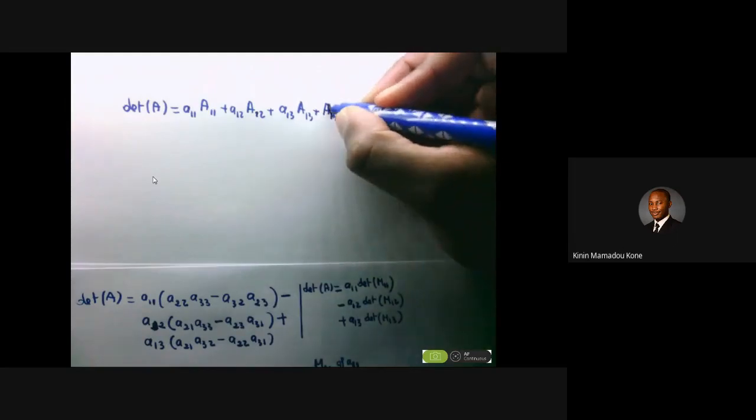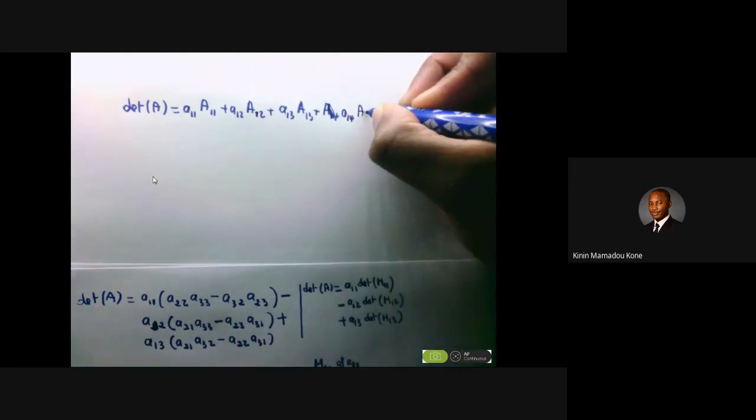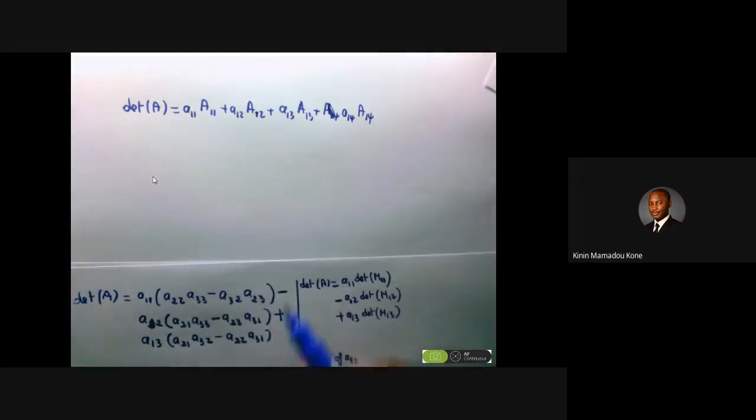Given a 4 by 4 matrix A, if you're looking for its determinant, you can do this: A12 plus A13 plus A14, like this. And from there, you can break it down.